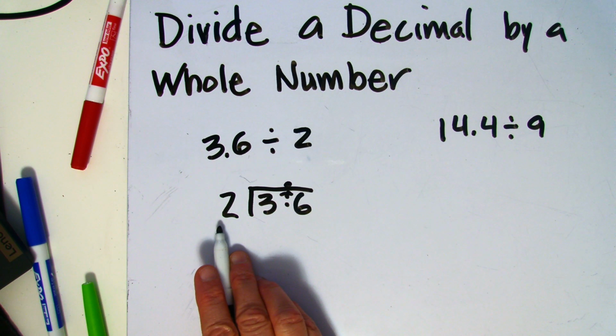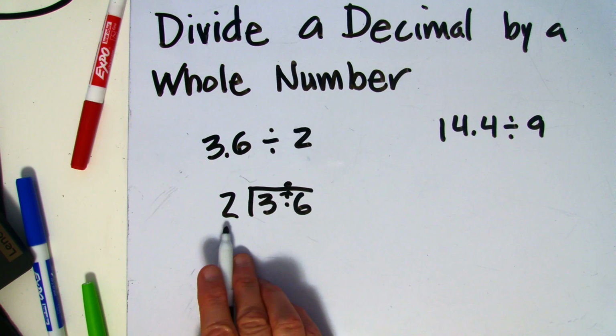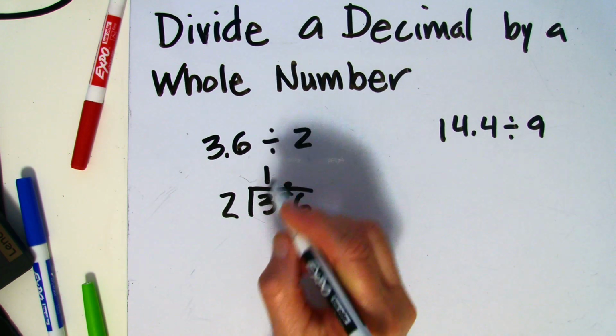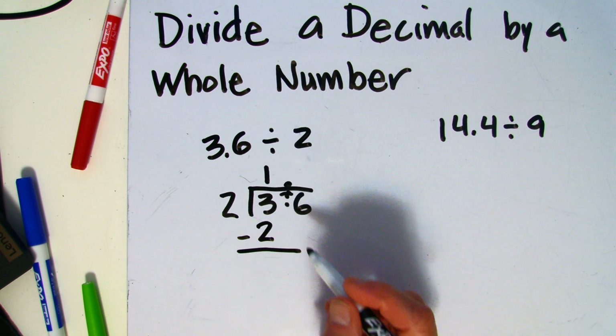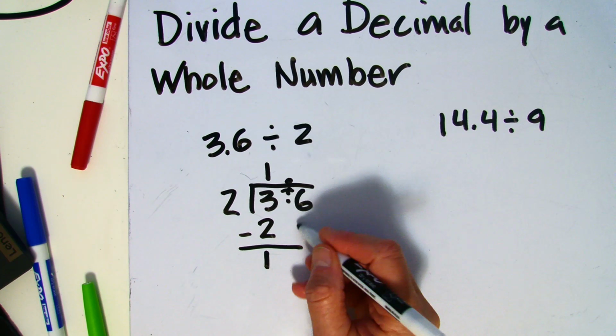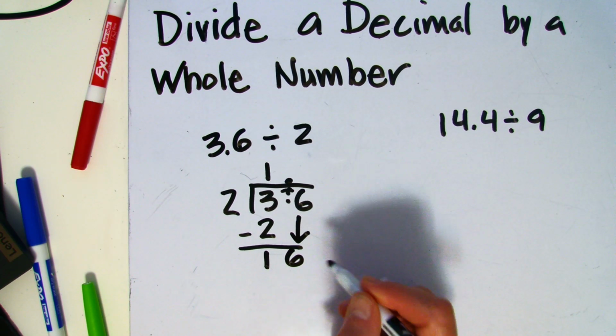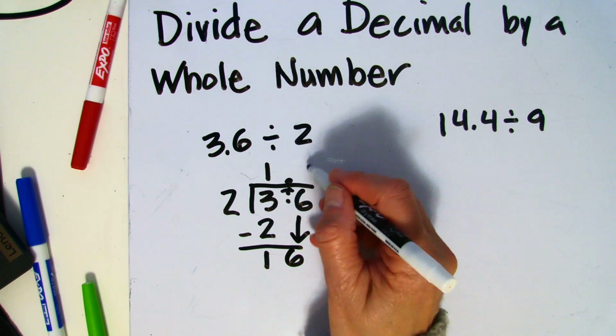Then I'll divide the 2 into what looks like 36. 2 does go into 3 one time. 1 times 2 is 2. And like with whole numbers, I'm going to find the difference and bring down the next digit. 2 goes into 16 exactly 8 times.